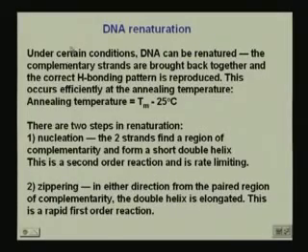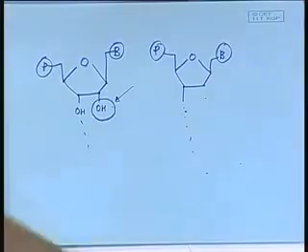Now, under certain conditions, DNA can be renatured. When we say renatured, what do we mean? How is it different from the renaturation of proteins? When we denature a protein, we are unfolding the polypeptide chain. But when we are denaturing DNA, we are separating the strands.